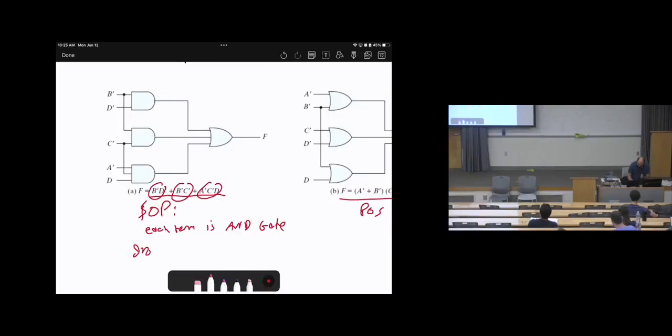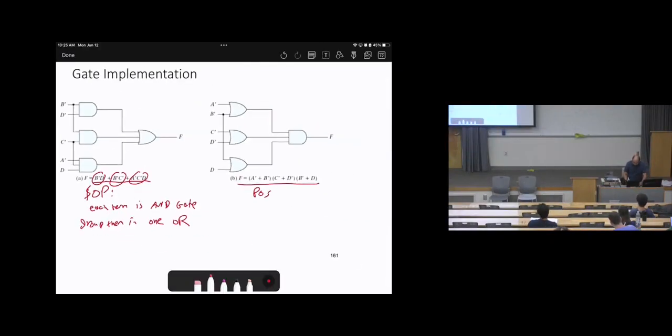Then group them in one OR. Okay? However, product of sums is the opposite. In product of sums, each term is an OR gate. Then group them in one AND. Okay?